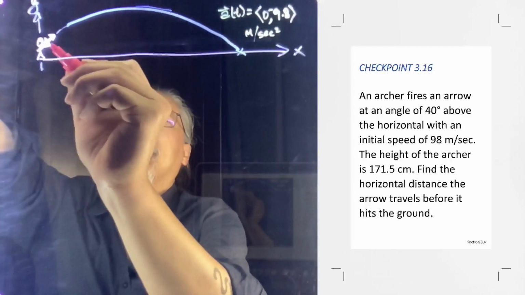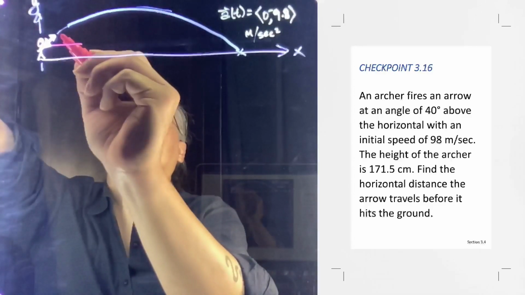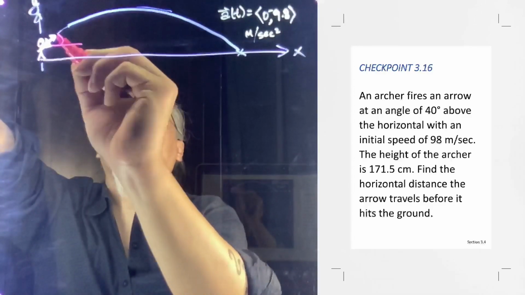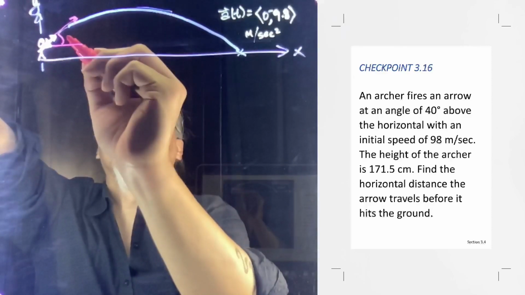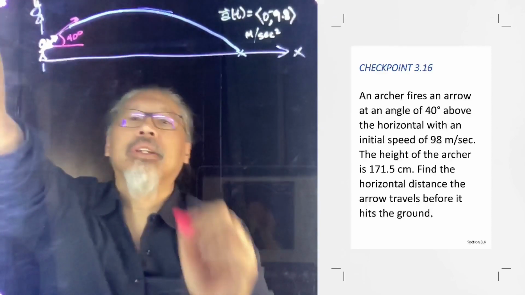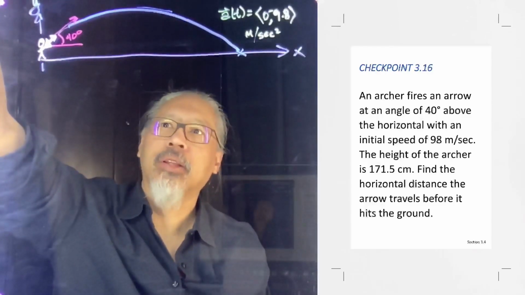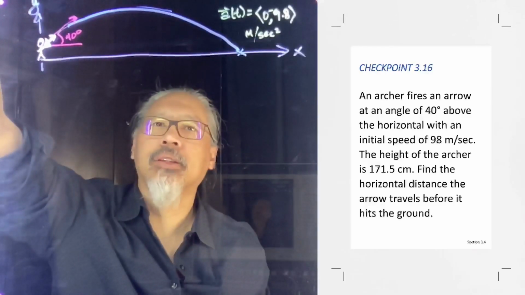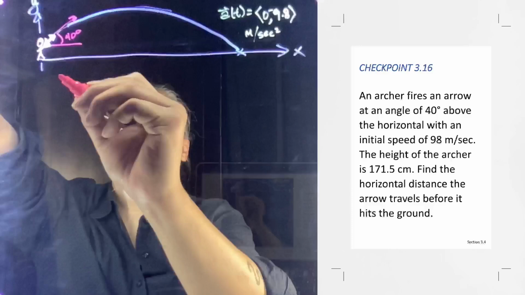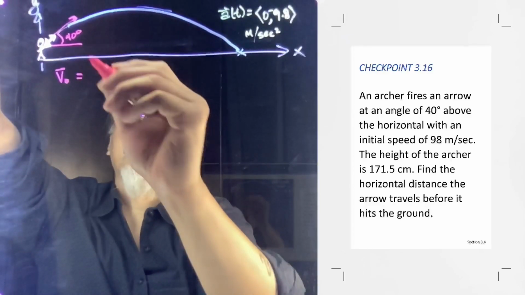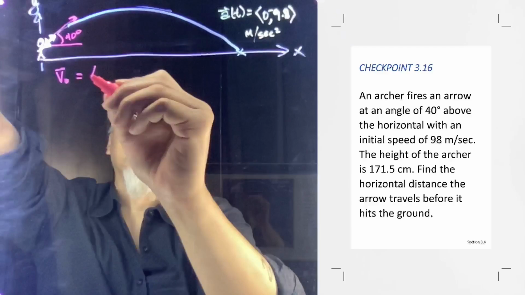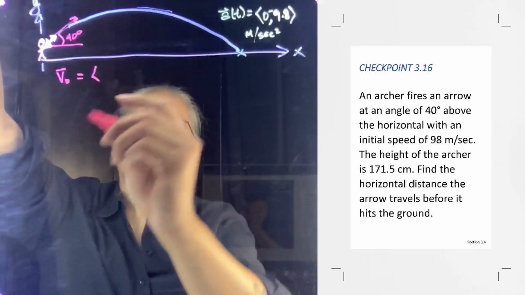We know that from the horizontal, the angle of inclination of your initial vector is 40 degrees. That will give us a hint as to how to describe our initial velocity. We'll call it V naught. If you remember, it has to do with sine and cosine.